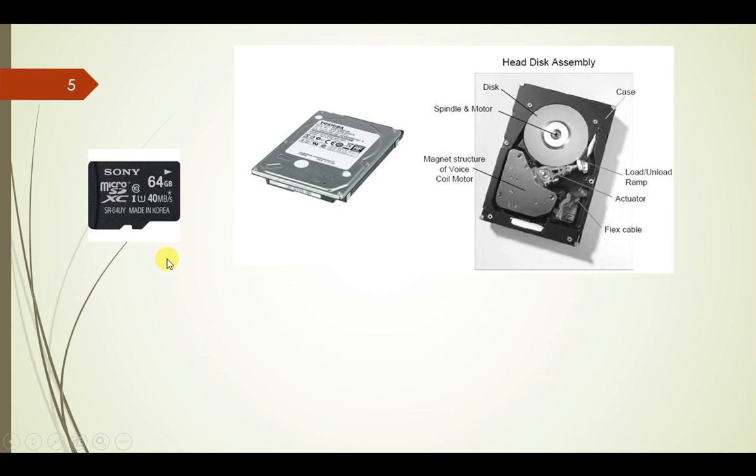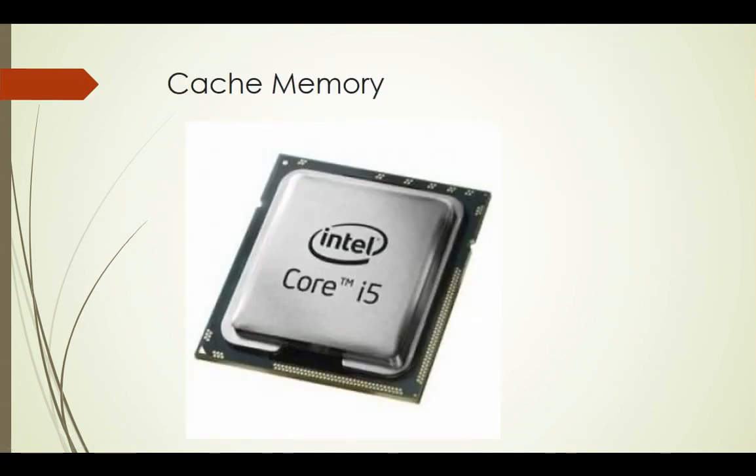Now, another memory which you have heard about is the cache memory. This comes into the picture to speed up the processor or the system, because this memory is used to store the data which should be fetched to the processor directly, or which should be fetched to the processor very frequently.